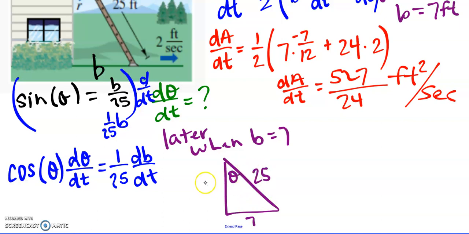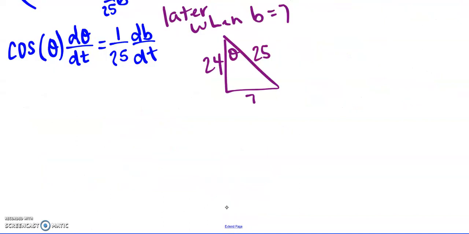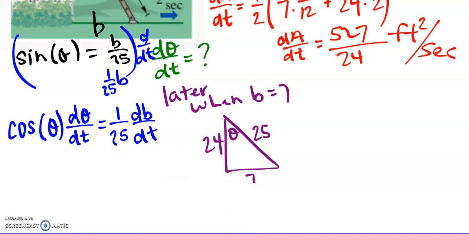The ladder is still 25. This now becomes 24 because of our triples in geometry. So cosine of theta is going to be 24 over 25, adjacent over hypotenuse. Then d theta/dt is what we want to find, equals 1/25th, and then dB/dt was 2. So solving for d theta/dt, you're going to end up with 1/12 radians per second.